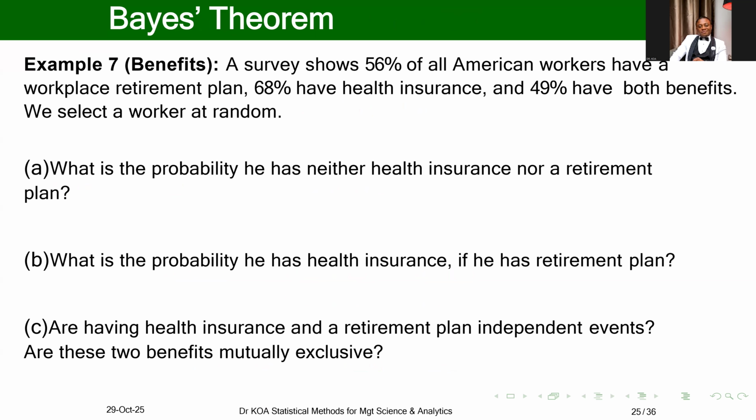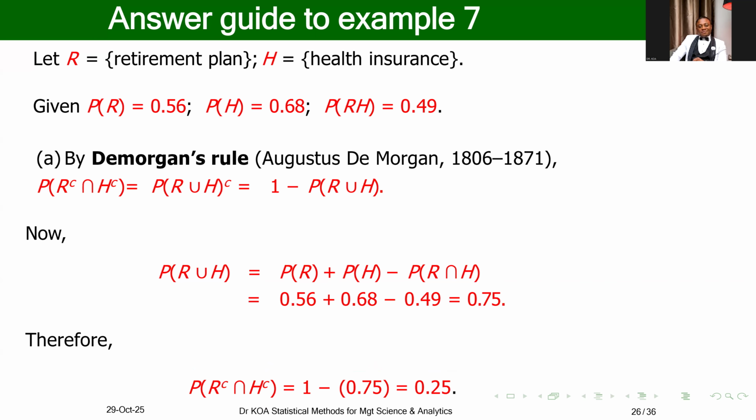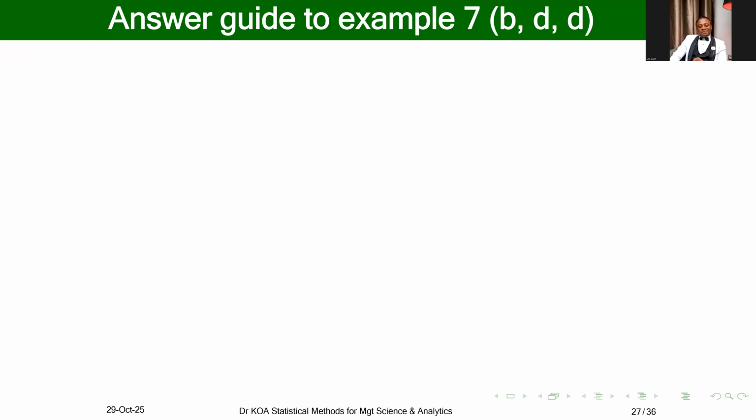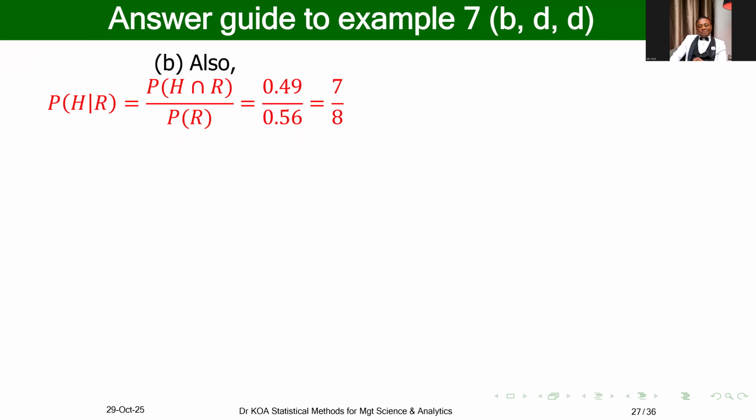The next question is, what is the probability that this person has health insurance if he has a retirement plan? So that's conditional. You can again go and try the Venn diagram. But that is a conditional probability, so it's simple. If he has a retirement plan, R is what he has already.